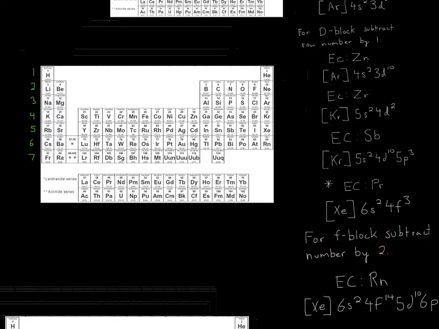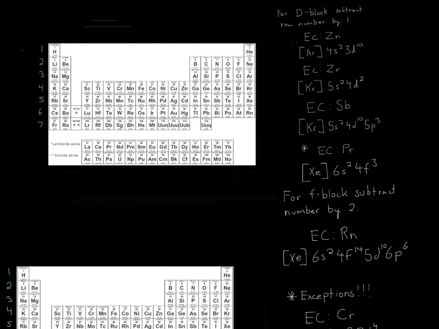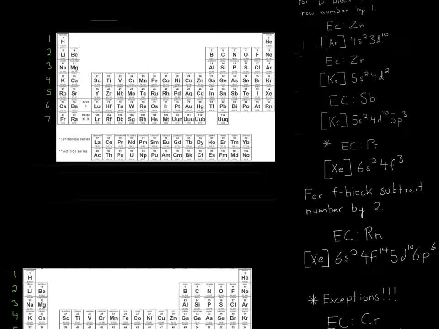So it's going to be the period number 6 minus 2, which is 4, for F. This is the block F, and then you count to your element, 1, 2, 3. So 4f3. So more practice with that, and this is combining everything we know so far. It'll be like the hardest case you'll see with electron configuration.